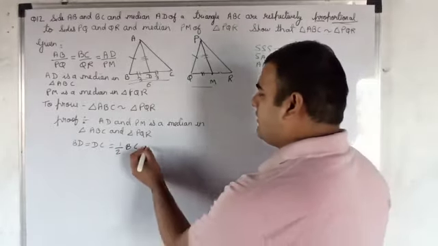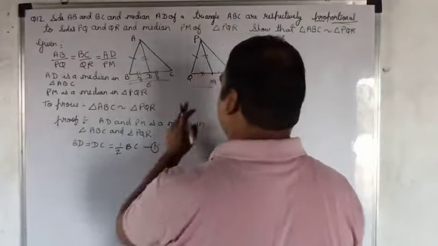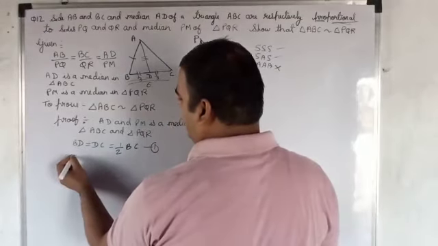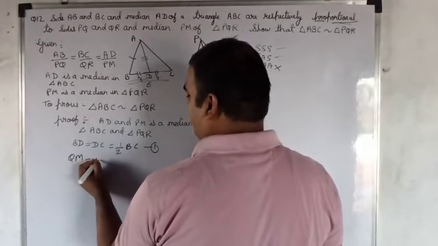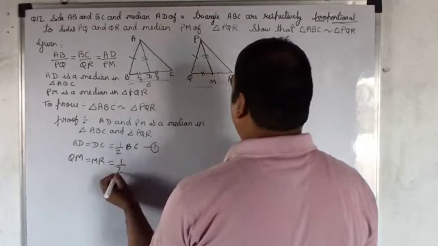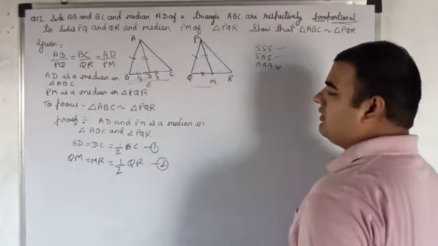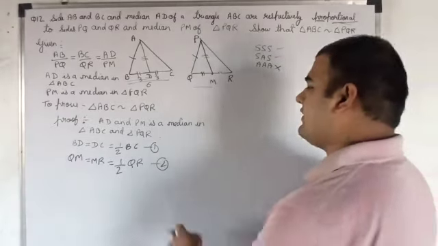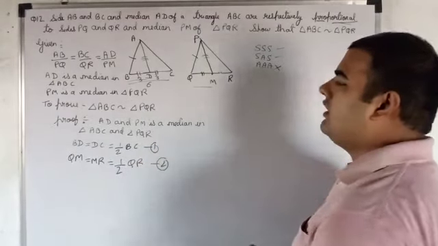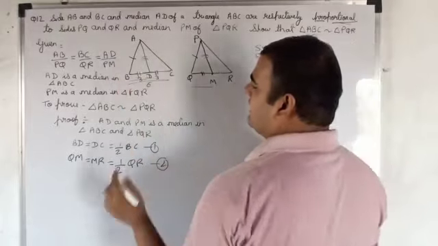You got this first one. Next one, what will you get here? Same, we can say QM equals MR will be half of QR. Name this as 2, right? So you got this, half of BC and half of QR. Now, we will use this given data.